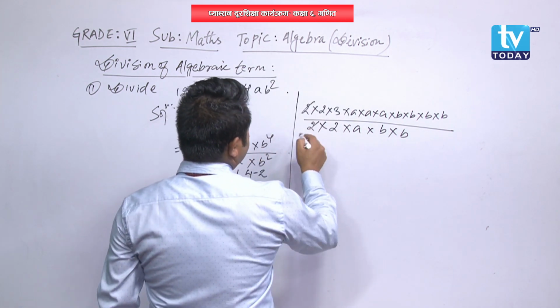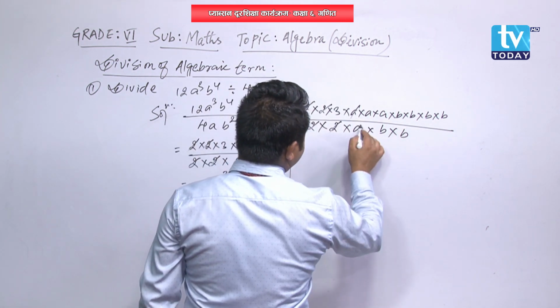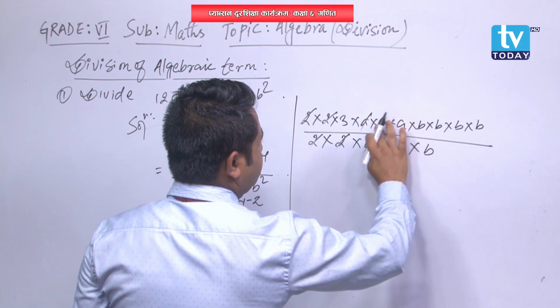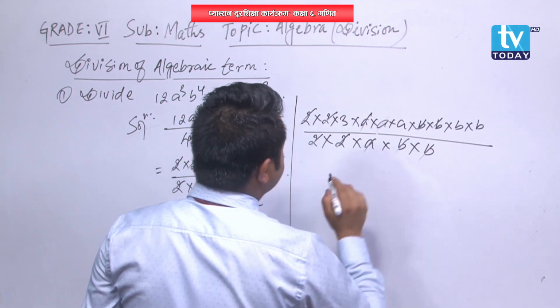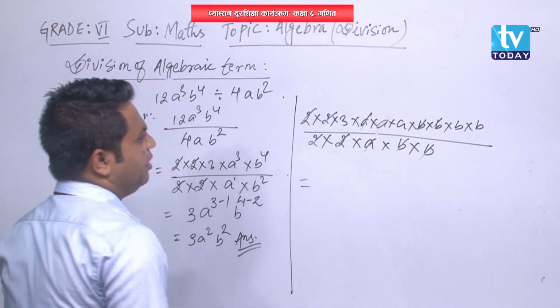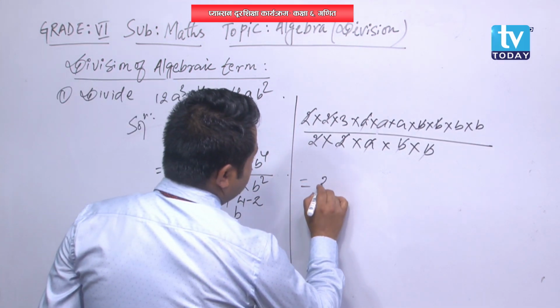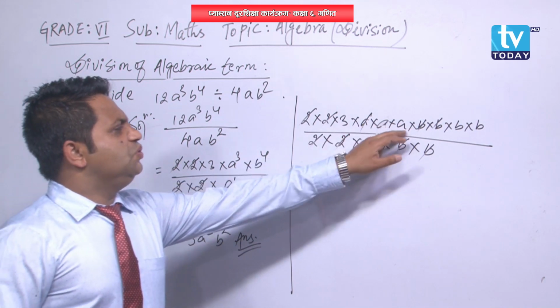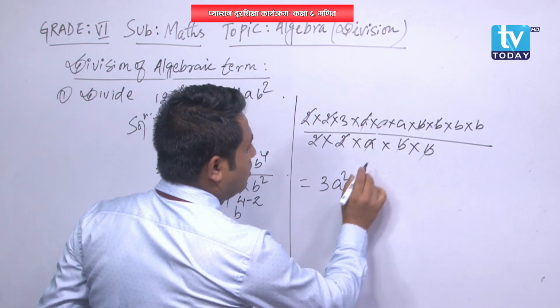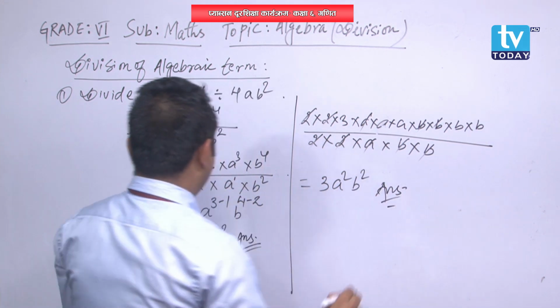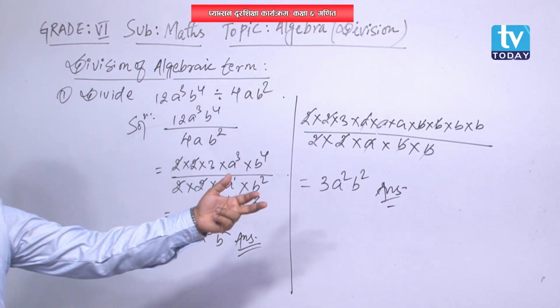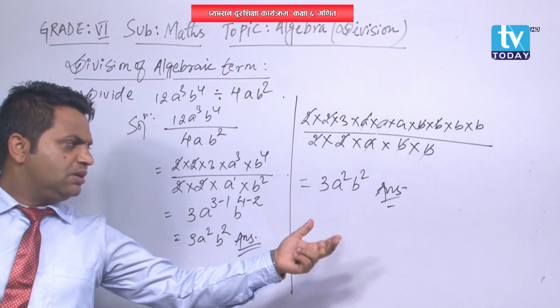See, 2 cancels, 2 cancels, one a cancels, and two b's cancel. Then write the remaining terms: 3 into a square, b square. Please check the answer; you will get the same answer in both cases. Alright.